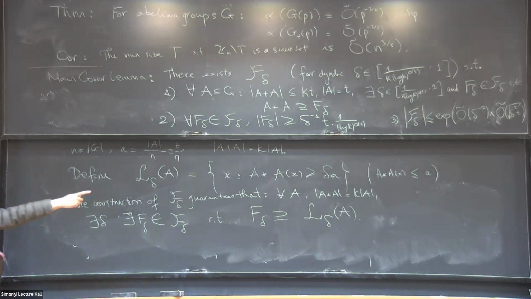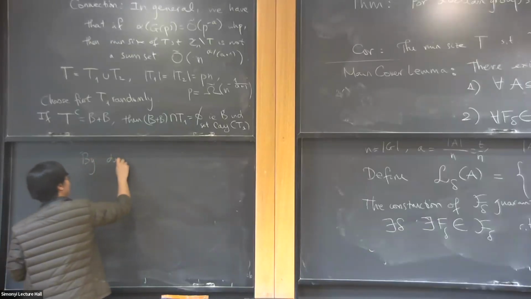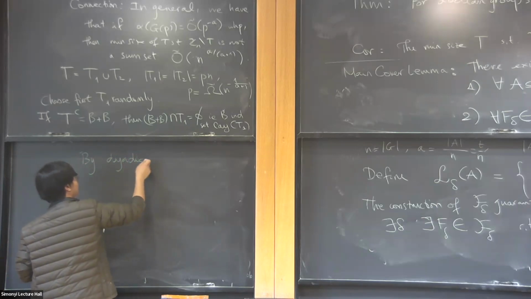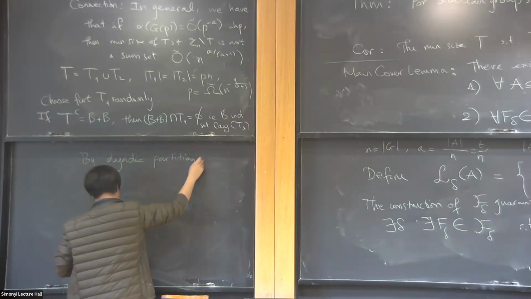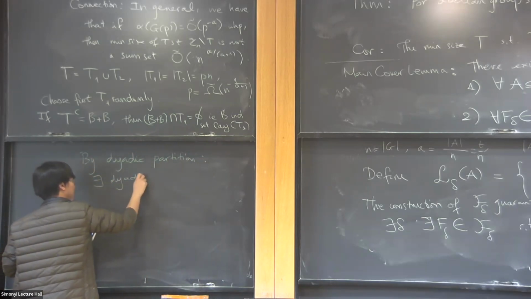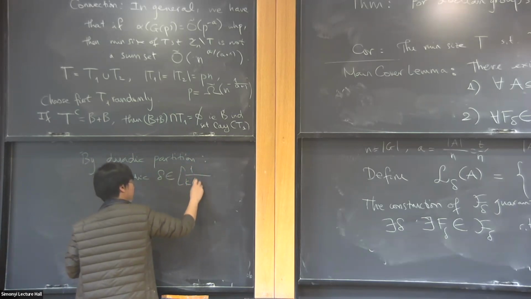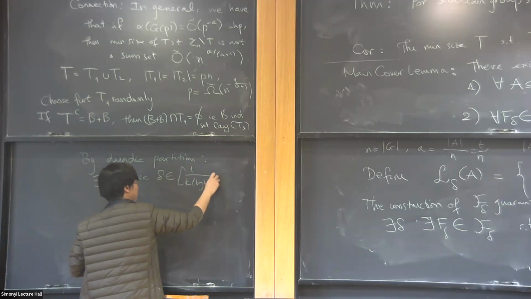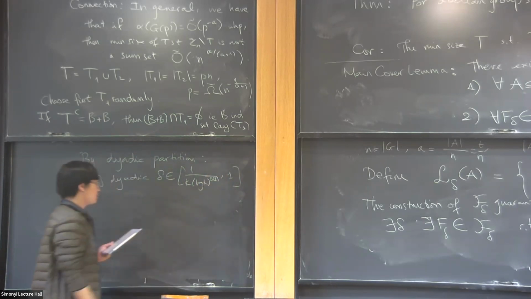Now let's do the easy direction of the construction of this cover. By a dyadic partition, there will always exist a dyadic delta that is between 1 over K polylog K. We can actually just safely ignore most of these polylogs throughout the discussion now.